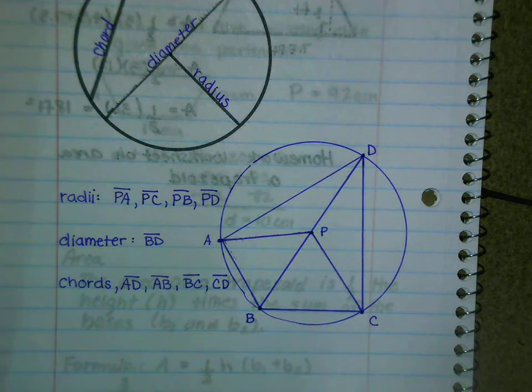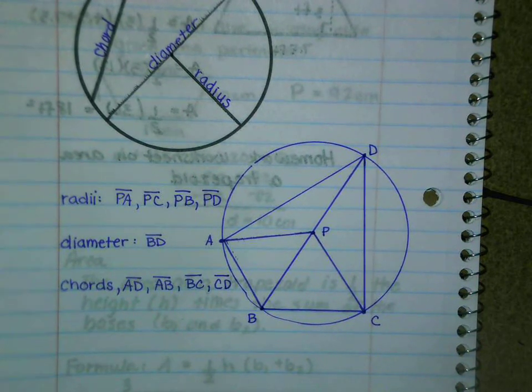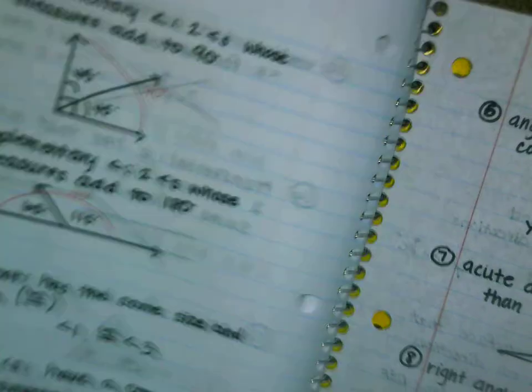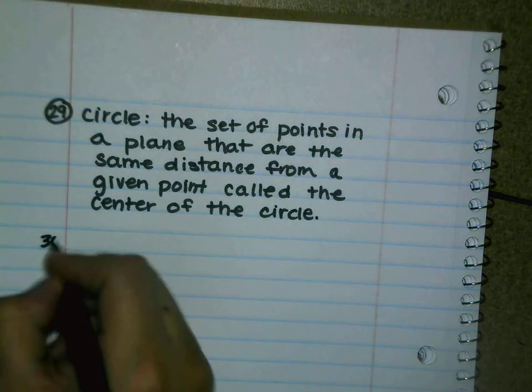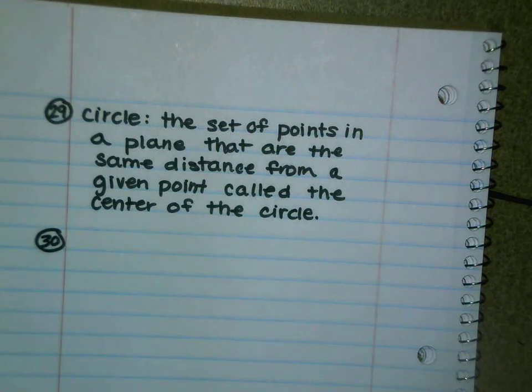Now we're going to go ahead and go back and do some more vocab. So if you need to pause, go ahead and pause. Otherwise, just go back to your vocab section. We're going to write 2 more vocab terms that are going to have to do with the next part of what we're learning. Those 2 vocab are 30 and 31. For 30, we are going to write central angle.